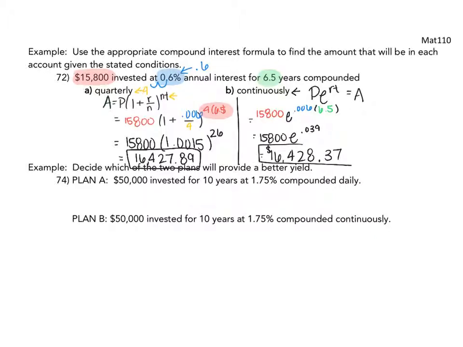We're not going to take time to do the next example, but you're going to do the same thing. Plug in both of those things, one compounded daily, one compounded continuously, and see which one gives you more money. Looking down at the next example, daily, you're going to plug in n equals 365, that's what the book says, to this formula.